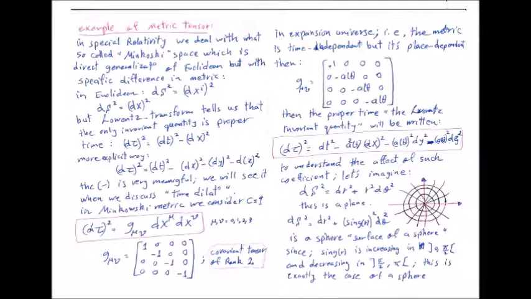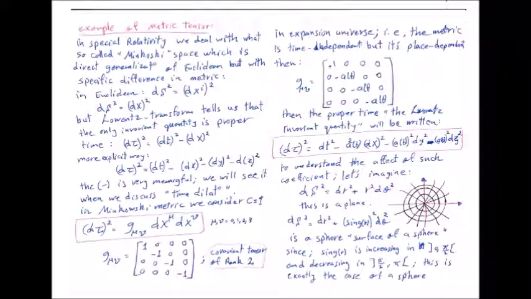If we imagine another metric, for example ds² = dr² + sin²(r) dθ², then this is a sphere, or more precisely the surface of a sphere. Why? Because sine will be an increasing function between 0 and π/2, and then a decreasing function between π/2 and π, which is the interval of possible values of θ.